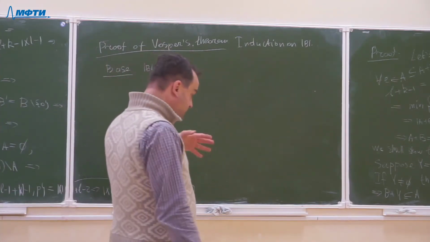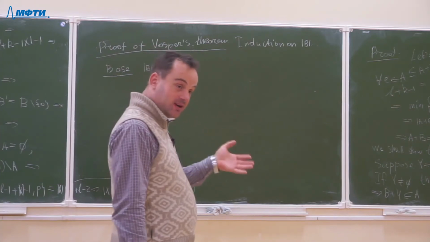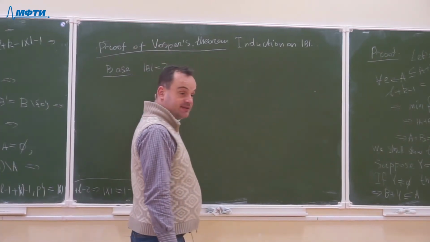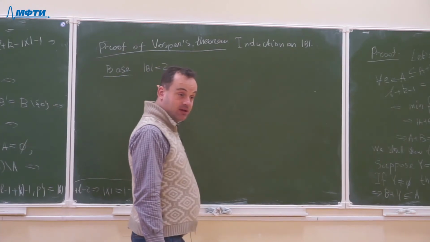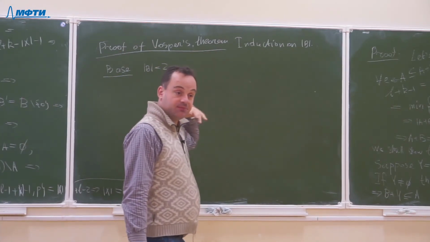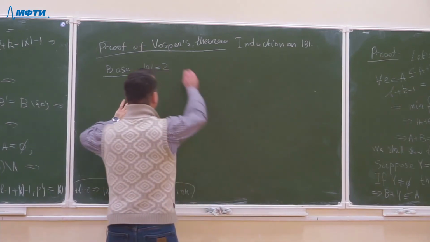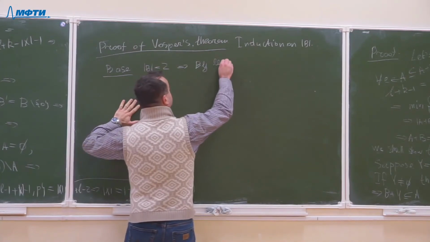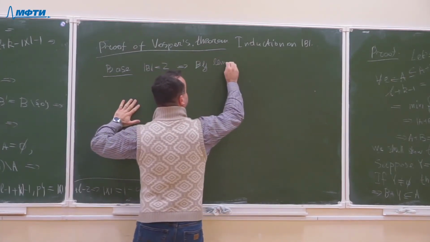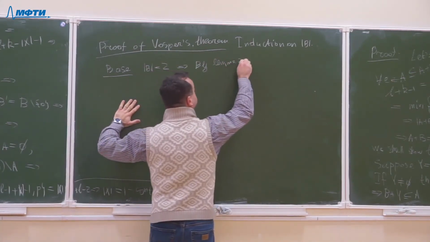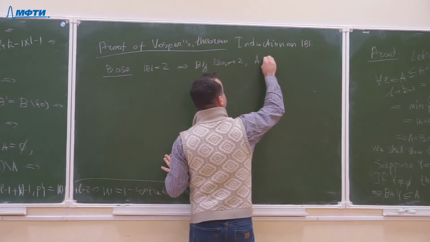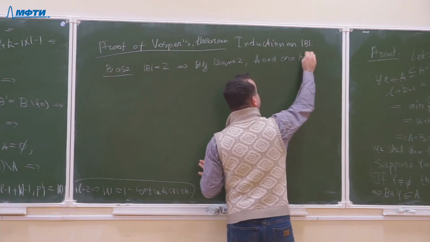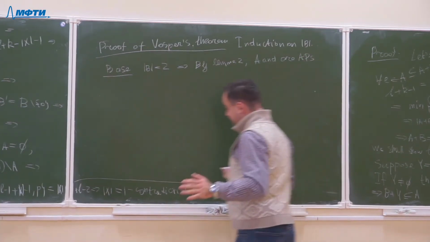Well, by lemma 2, from this supposition follows that A and B are arithmetic progressions with the same difference.